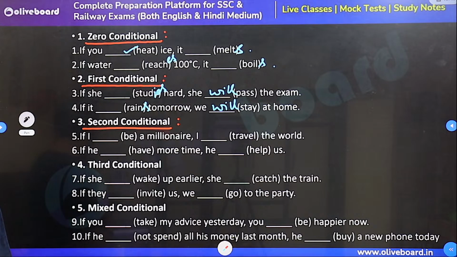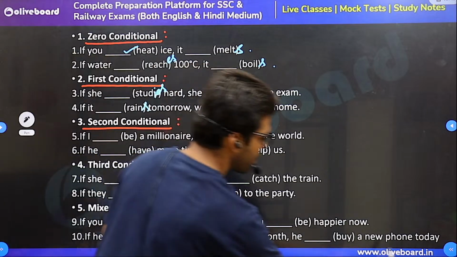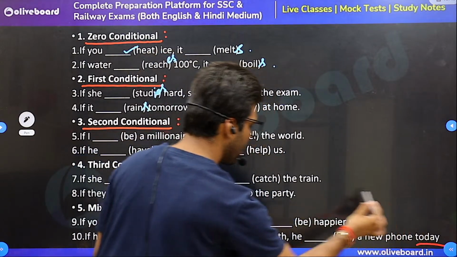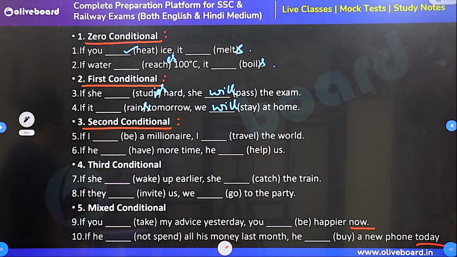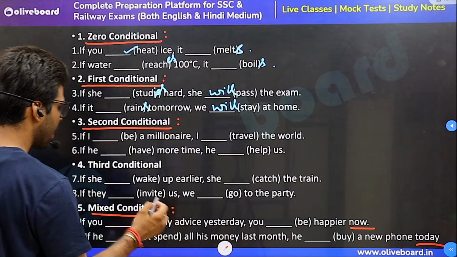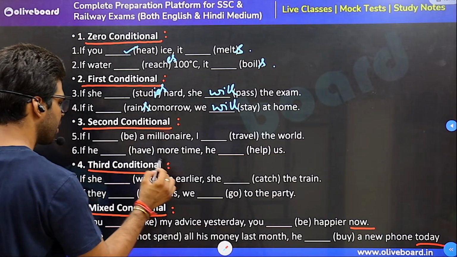No, Neha. Emphasis here. Now try to satisfy now and today in the sentences. That's why they are the mixed conditionals. Impossible. You are saying could have by first form after have.